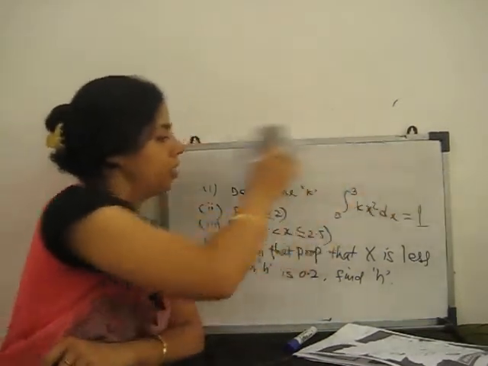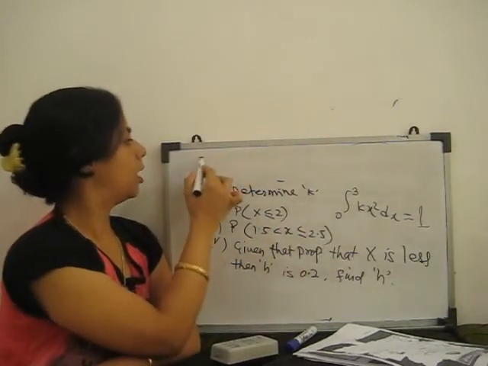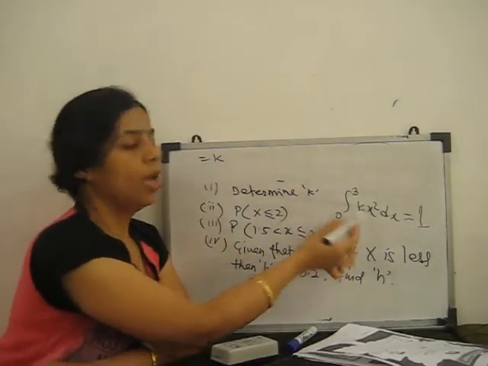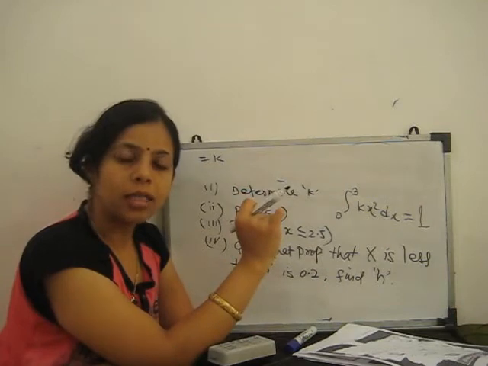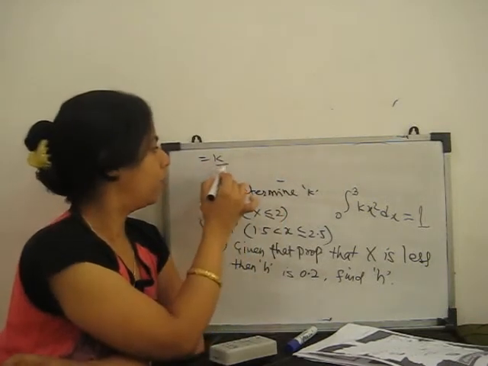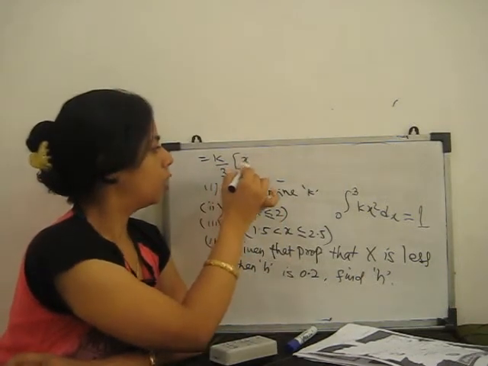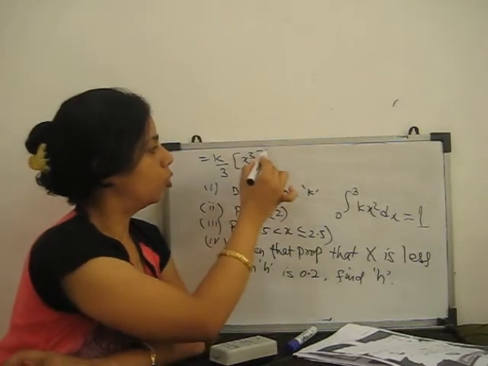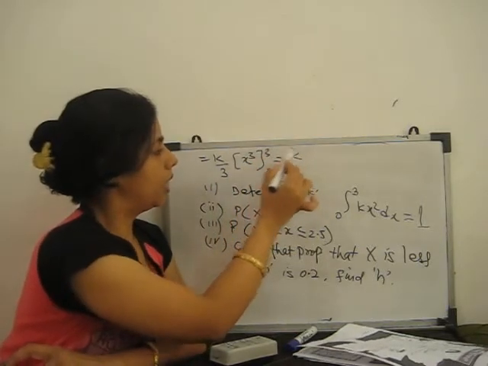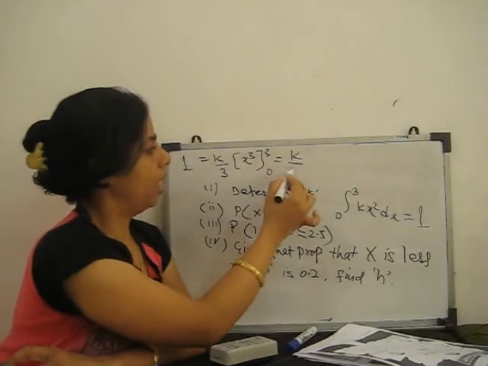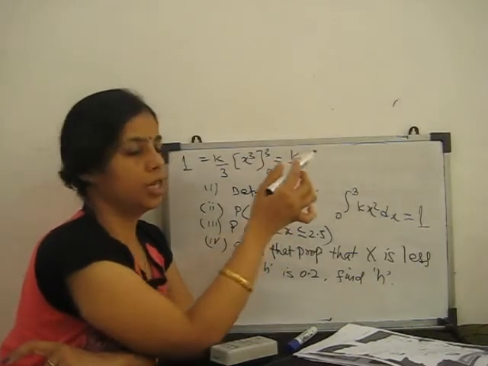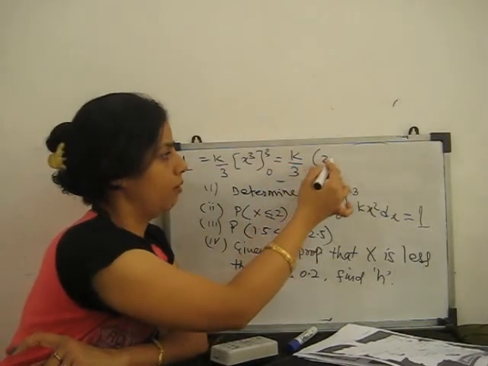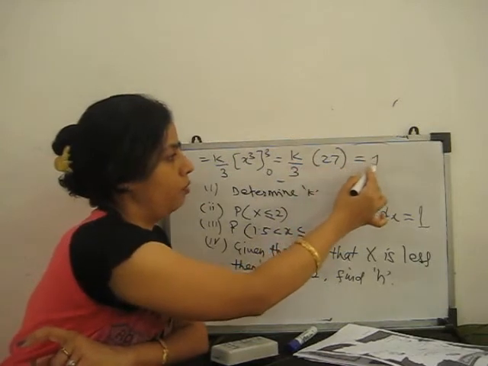Now if we integrate this, k is constant, taking it outside, the integration of x square is x cube by 3. I put 3 here, x cube from 0 to 3, equal to 1. When we apply the limit, 3 times 3 is 9, times 3 is 27, divided by 3 is 9, equal to 1.